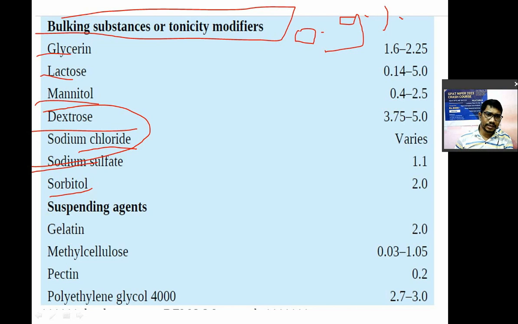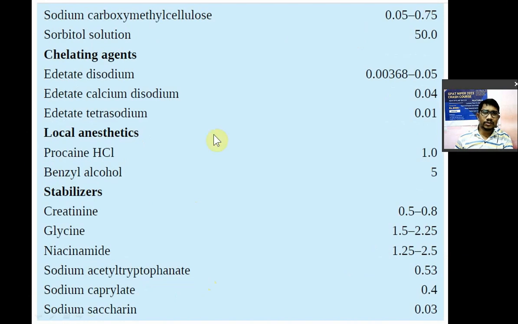Now suspending agents: if you want to prepare a suspension, gelatin is used at 2%, ethyl cellulose at 0.03 to 1.05%, pectin and polyethylene glycol 4000. Sodium carboxymethyl cellulose is again a bulking agent, and sorbitol solution.